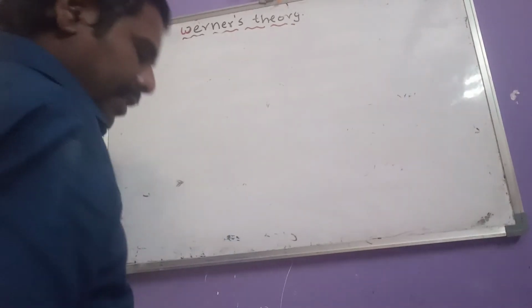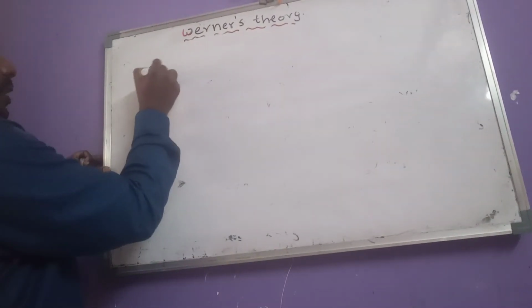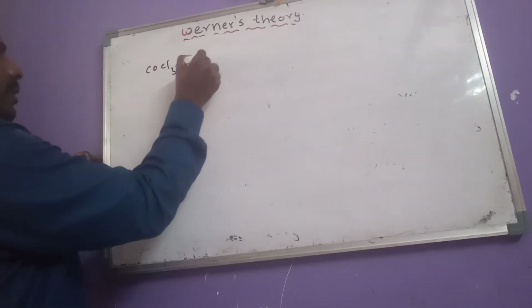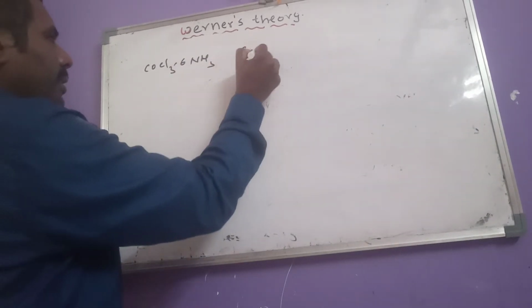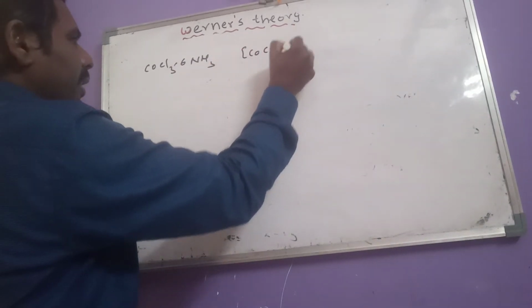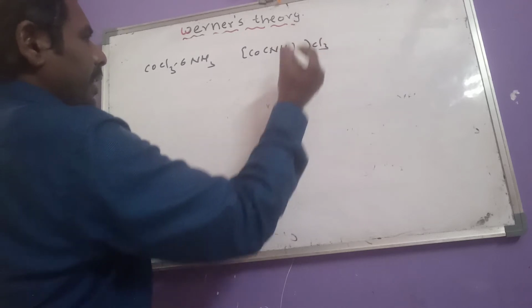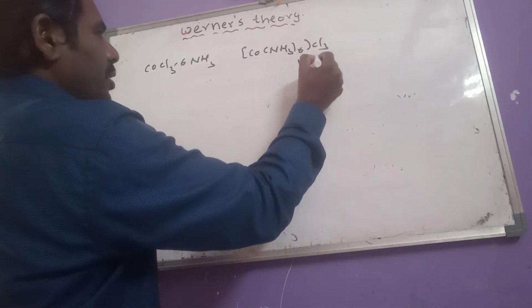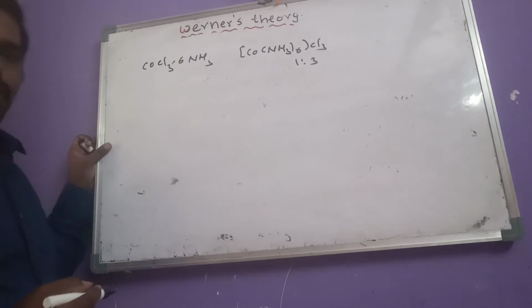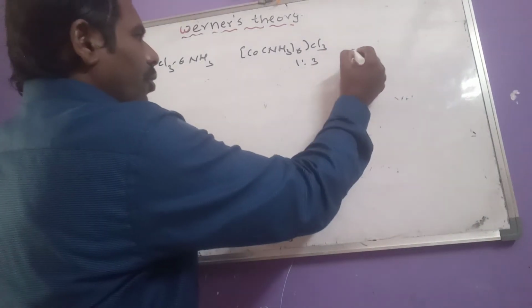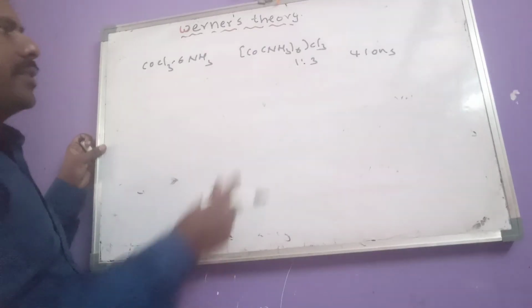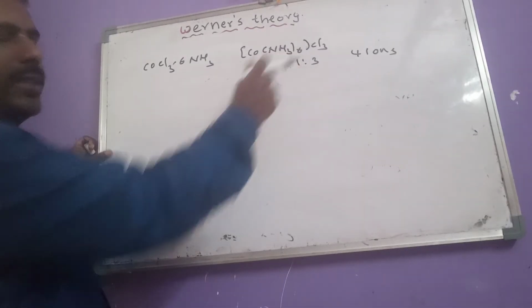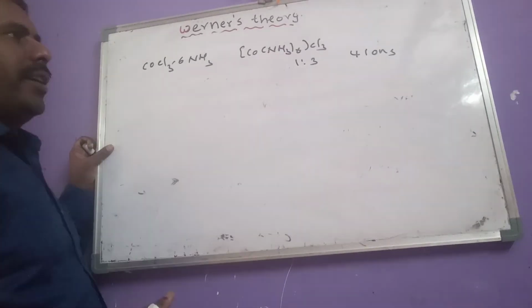So first, CoCl3.6NH3, and its structure we have to write like this: [Co(NH3)6]Cl3. So it is a 1:3 type of electrolyte. It will give a total of 4 ions, 3 Cl minus ions and 1 [Co(NH3)6]3+ ion.